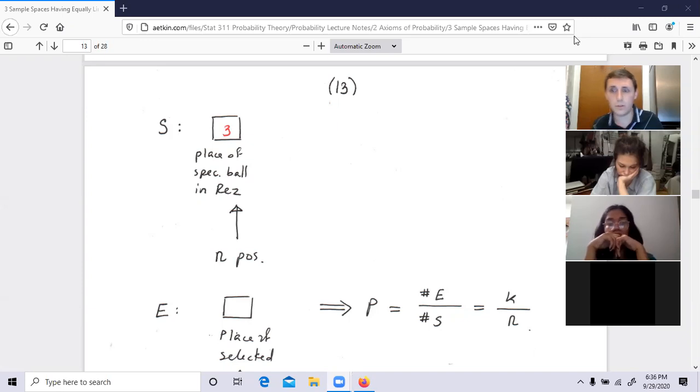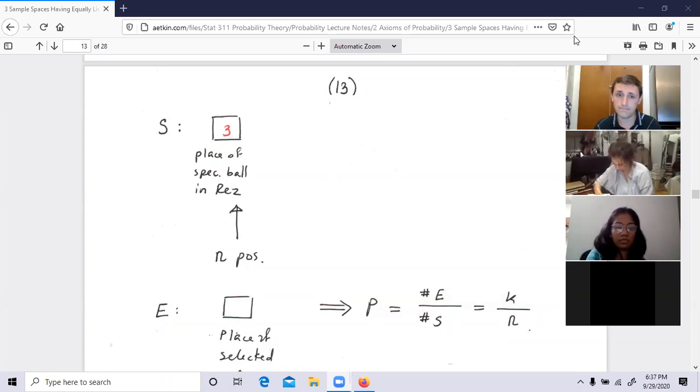You're not forced to imagine just one specific sample space. You can switch from one to another. You need to imagine what you're counting.